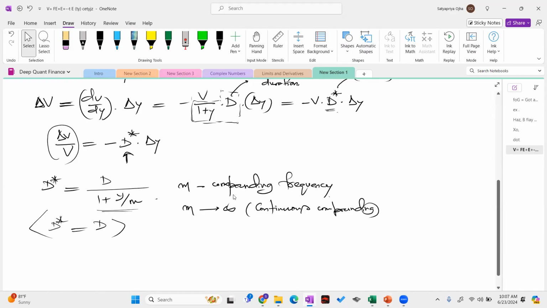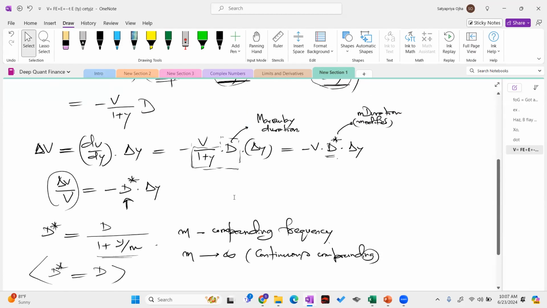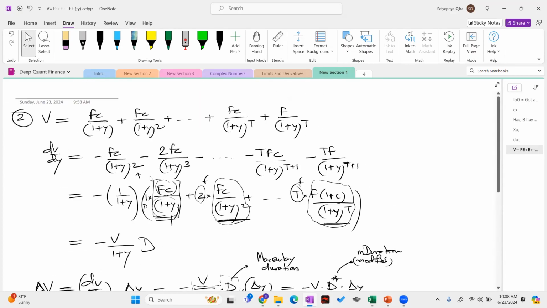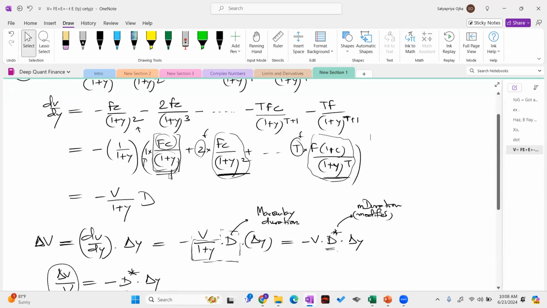There is another question. Modified duration means you are discounting weighted average time. If you see this, D is your Macaulay duration, which is the weighted average time. It's just a time.